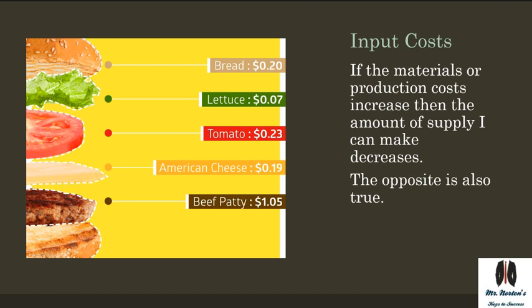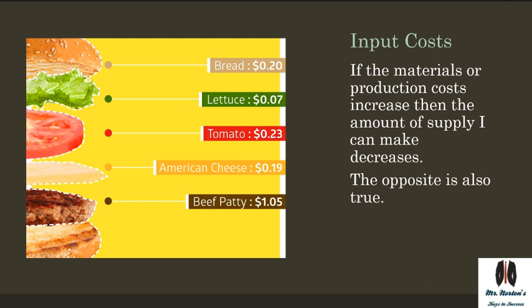I love this one. If the materials or production costs increase, then the amount of supply I can make decreases. The opposite is also true. So what I'm looking at here right now is it's going to cost me $1.74 when you add up all those together. So let's think of it here. Let's say that I've got $100, and I did the math, so you don't have to worry about it.